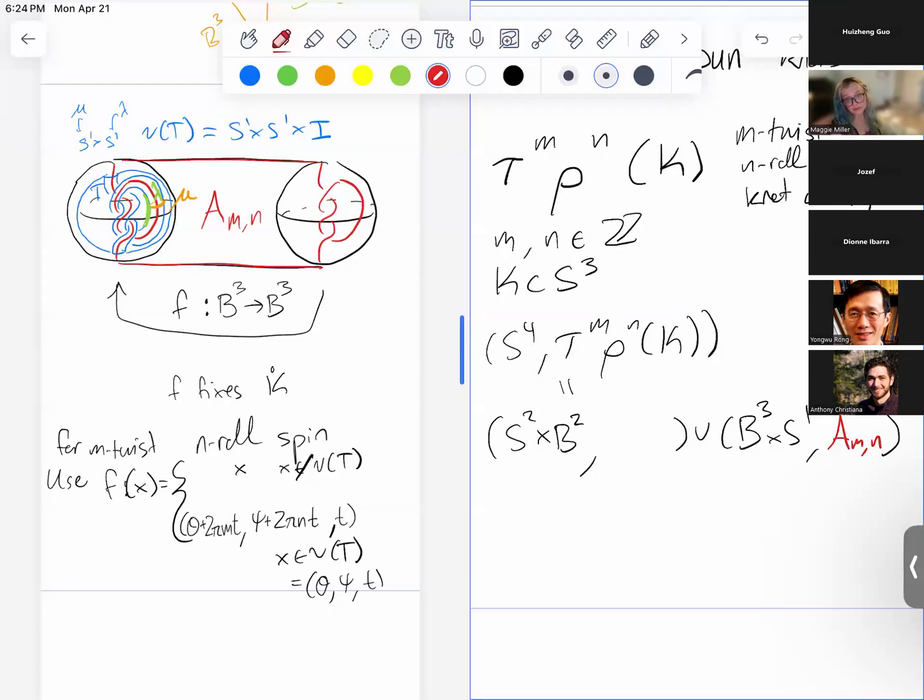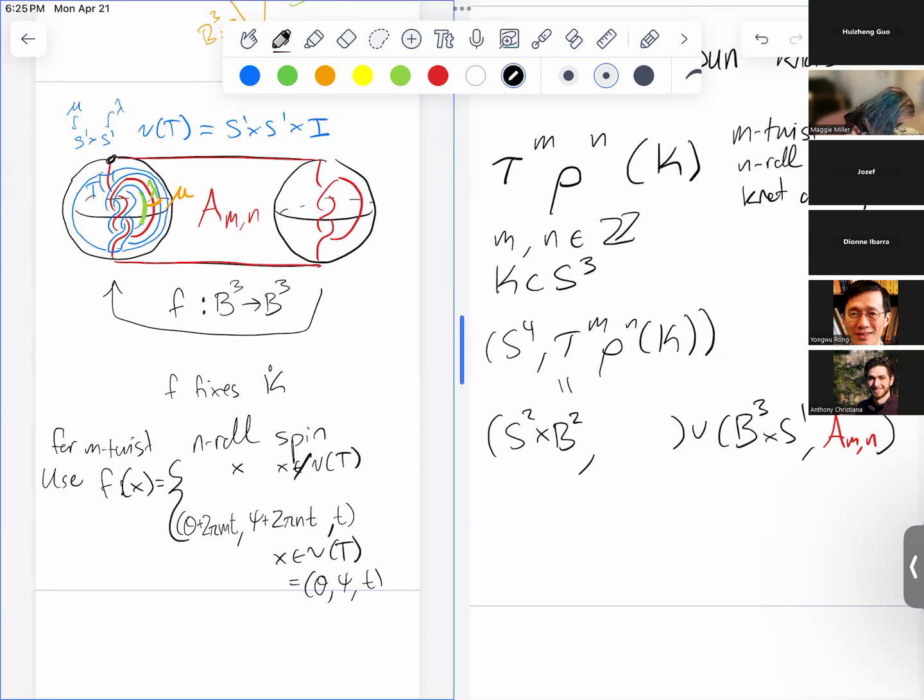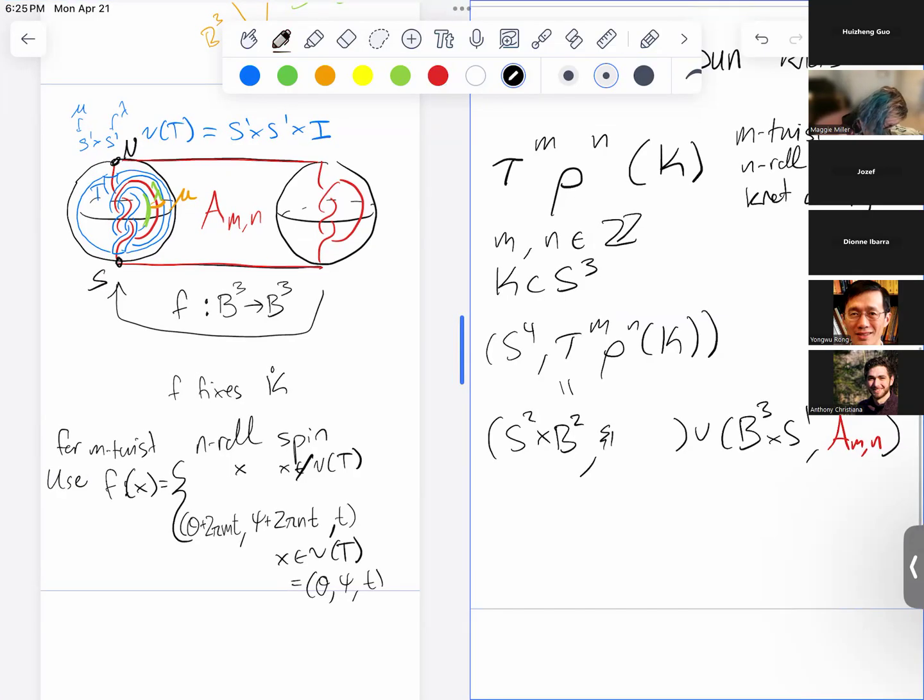But the boundary is totally the same because this map doesn't do anything to the two boundary circles or anywhere on the boundary. So the boundary is still just north and south pole cross S1. So I can cap this off with the same two disks as before. If I call these N for north and S for south, the north and south pole cross B2, those two boundaries perfectly match up.